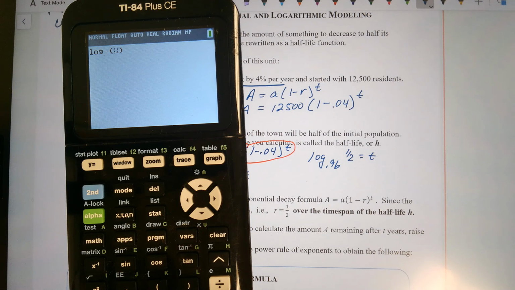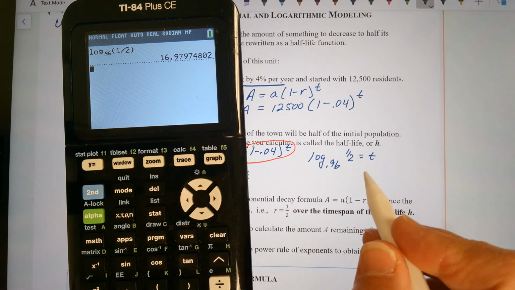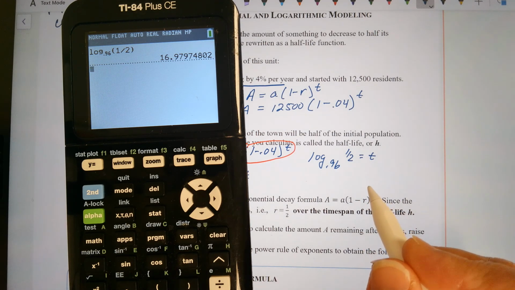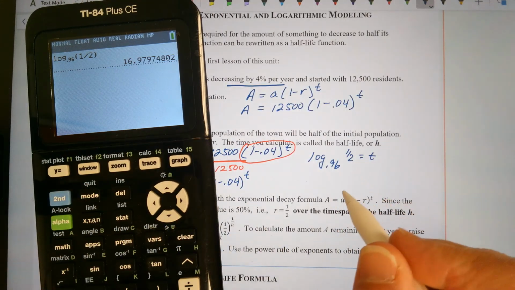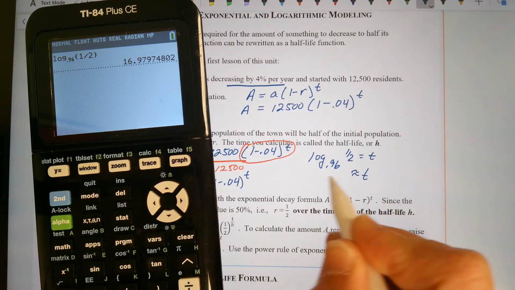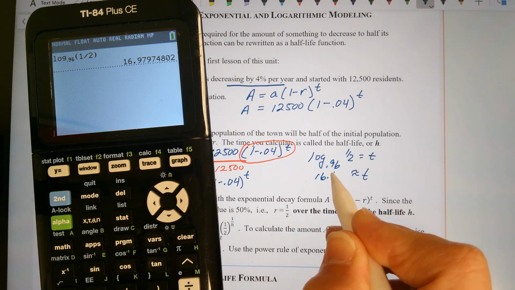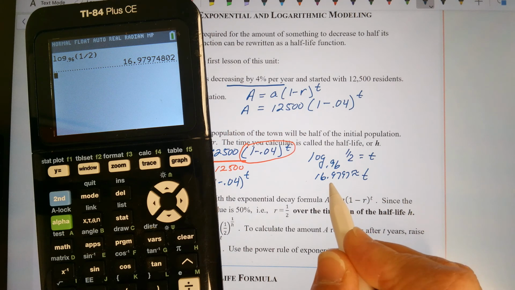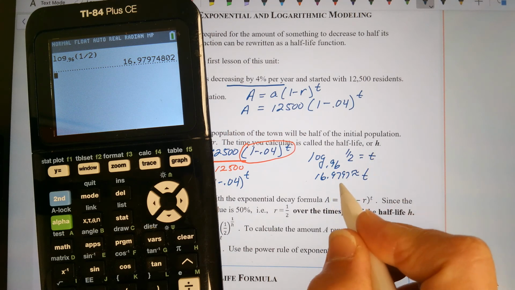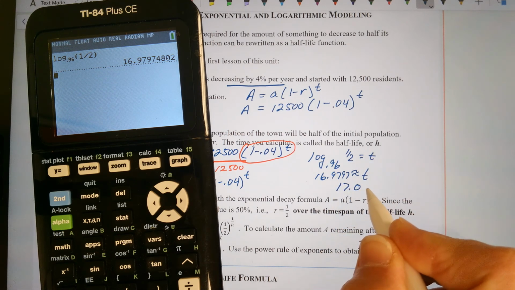Log base 0.96 of 1/2. Rounding this to the nearest tenth of a year, 16.9797. The 9 is going to round up to 17.0 years.